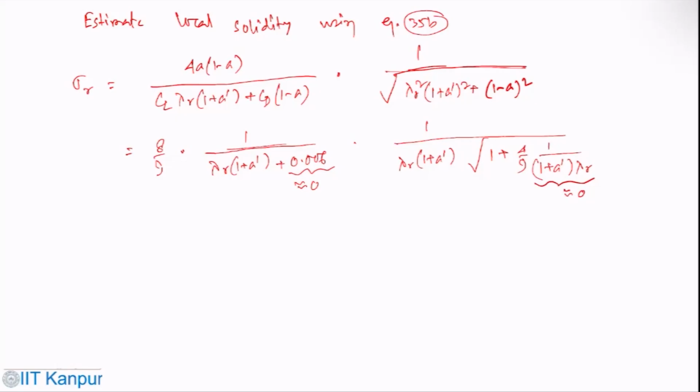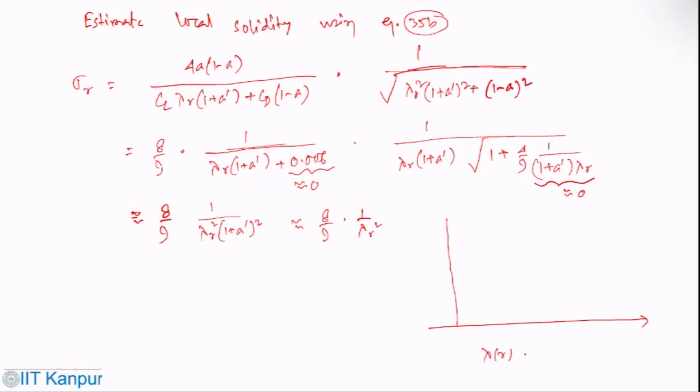So what we get is that 8 by 9 1 plus a prime square, which is 8 by 9 1 by lambda r square. So that means my variation of the solidity, this is lambda r with increasing r, 1, 2, 7.